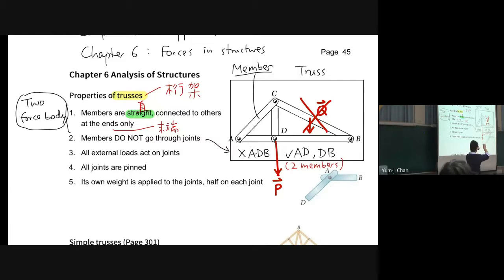So for this pin joint, DA and AB can rotate relative to each other. But they cannot move: AB cannot go to the right while this is fixed. So if they move, they should move together. If they move upwards and downwards, to the left and to the right, they should move together. But for rotation, they can have relative rotation.